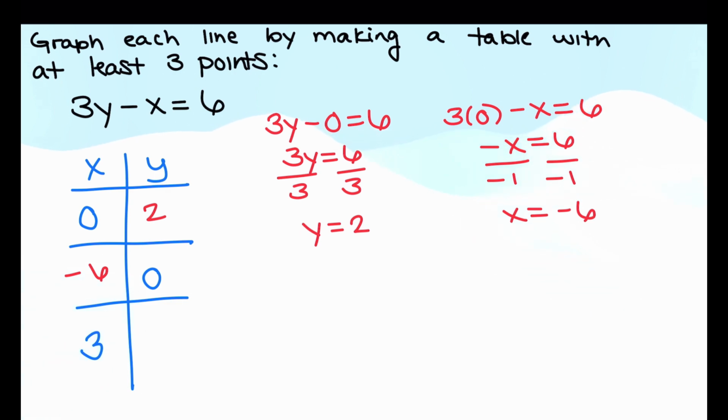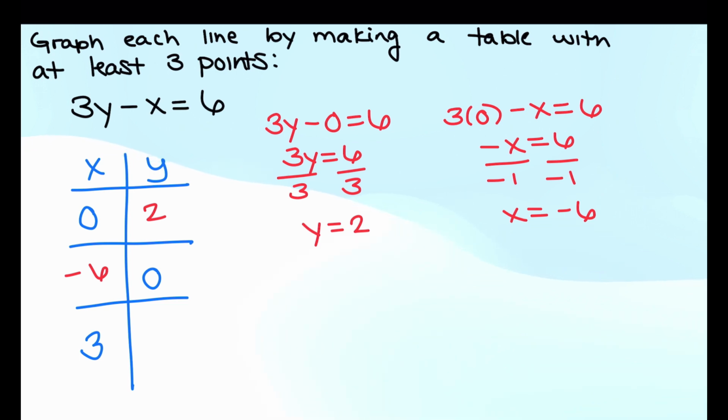Finally, I need to pick any other number for either x or y. When I was solving for y, I noticed that I divided by 3, so choosing something that's a multiple of 3 might be a good idea. It might help me avoid fractions. Fractions aren't bad, but the math and the plotting are a little bit easier if you can manipulate the numbers and get whole numbers.